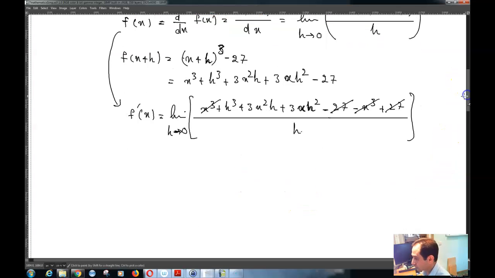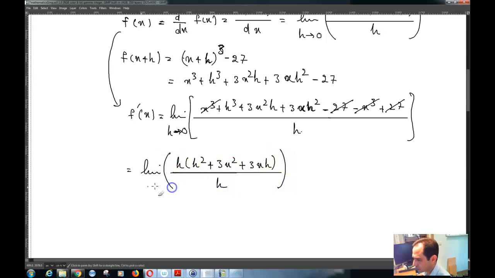So I can write this as the limit of h times (h squared plus 3x squared plus 3x h) over h as h tends to 0. Now the h's you can cancel out.